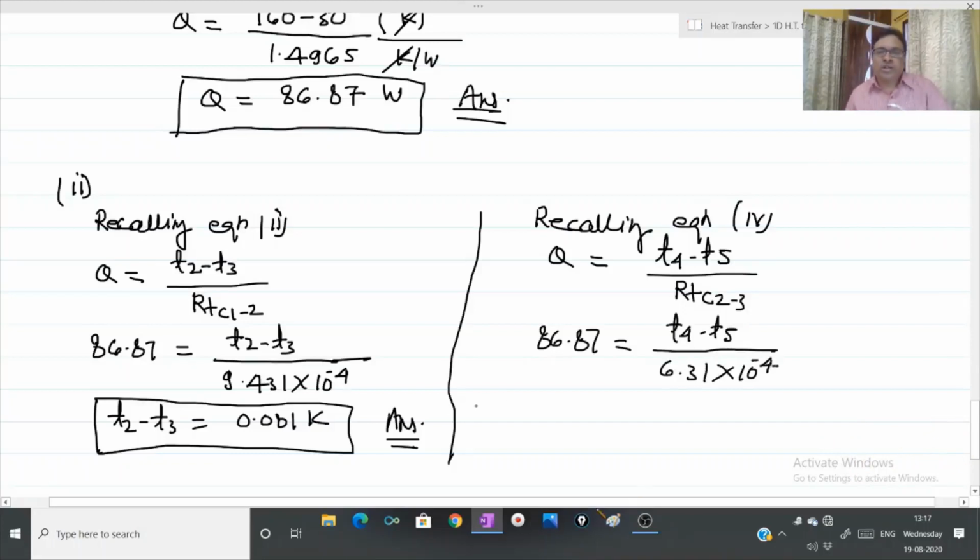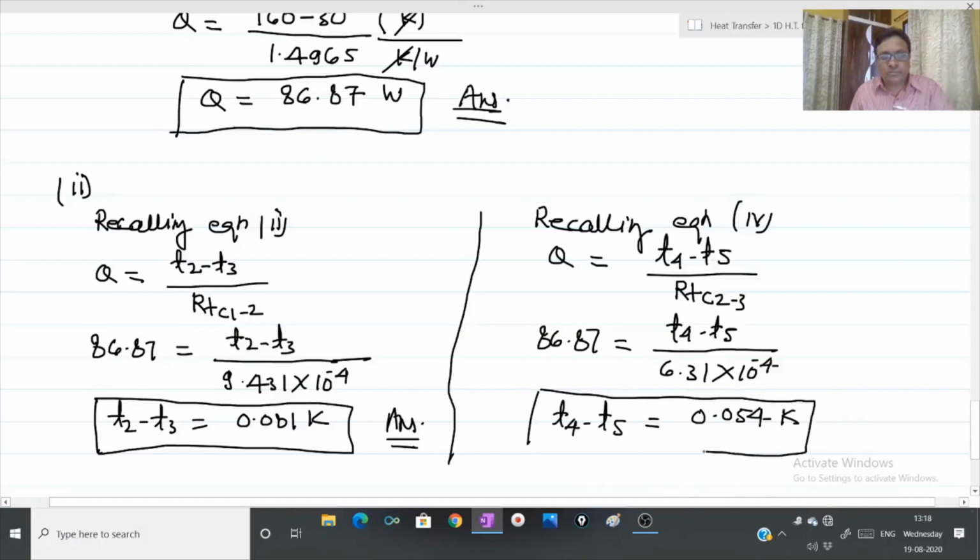This is the thermal contact resistance at interface 2,3. From here, the temperature drop at the interface 2,3 will come out 0.054 Kelvin. This way we could calculate temperature drop at the interface 1, 2 and 2, 3 by virtue of thermal contact resistance.